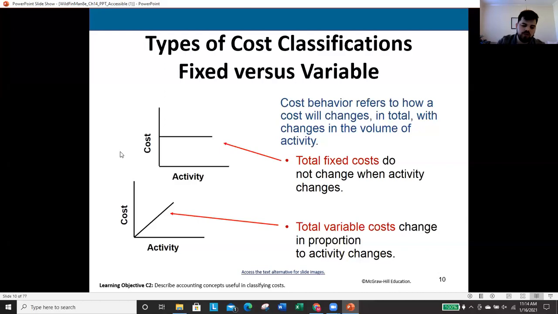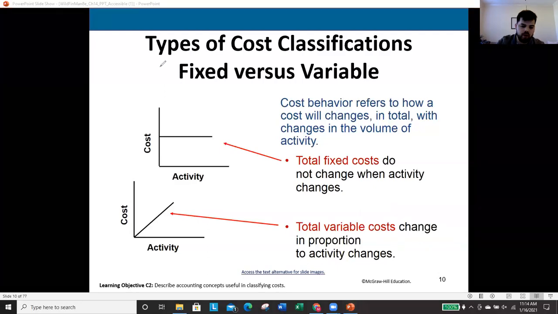So what you'll see with your fixed costs is that in total, they will actually be fixed, but on a per unit basis, they will come down at a decreasing rate. So you'll get something like this, right, that eventually becomes asymptotic to your x-axis. So what you're noticing, if this was a smooth line, would be that we have this pretty steep decline right away, and then it slowly starts to level out.